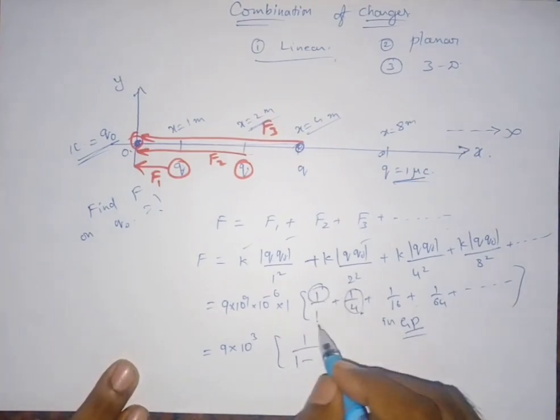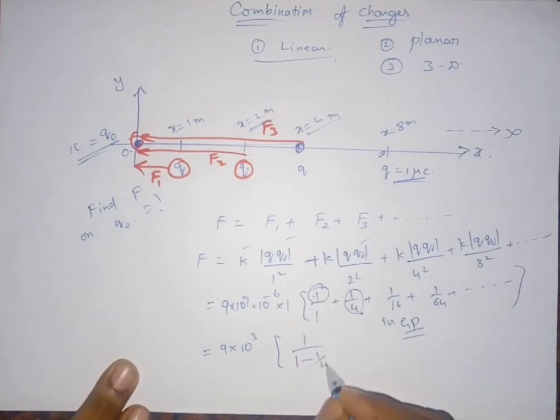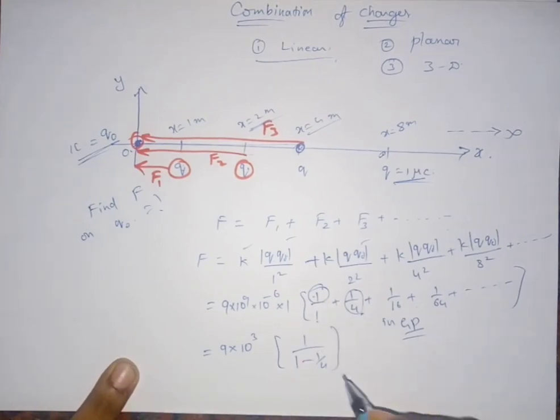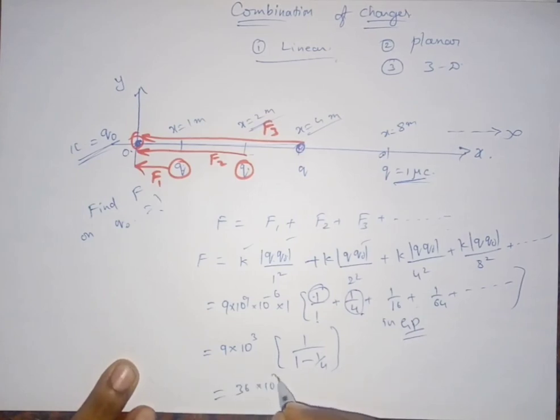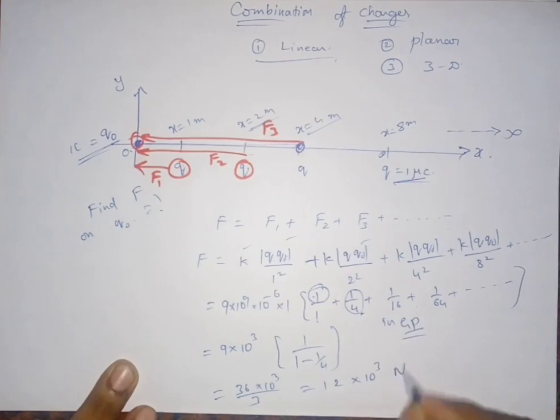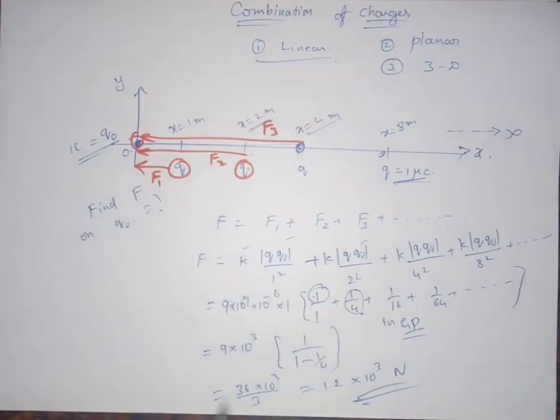What is the common ratio? It's 1 by 4. So we get 36 into 10 to the power of 3 by 3, which is 12 into 10 to the power of 3 newtons. That's the total force acting on the charge placed at the origin.